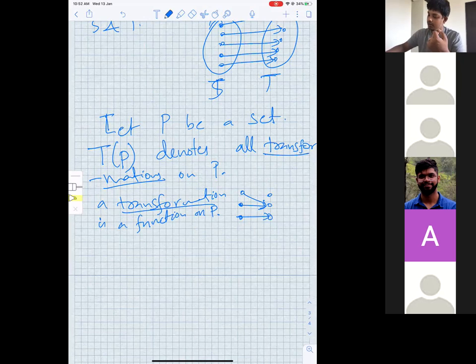So, example. Say P is equal to {1, 2, 3}. Then this is a transformation, 1, 2, 3 to 1, 2, 3, is a function.